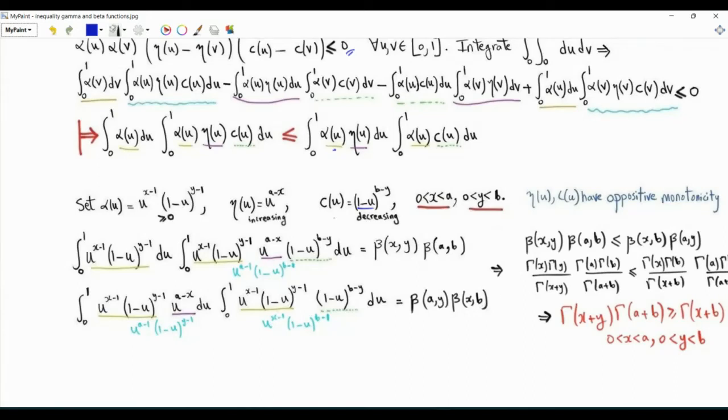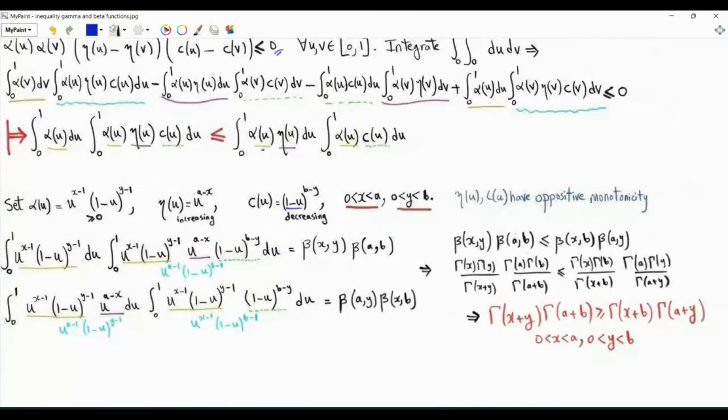That's it. Just apply the inequality. So beta of x comma y times beta of a comma b is less than or equal to that, by the inequality that we have proved. So this is an inequality that we have for the beta function. We obtained it along the way.